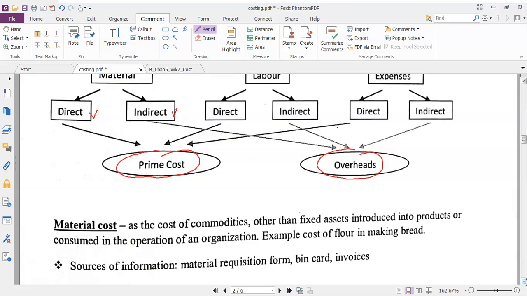For example, cost of flour in making bread.